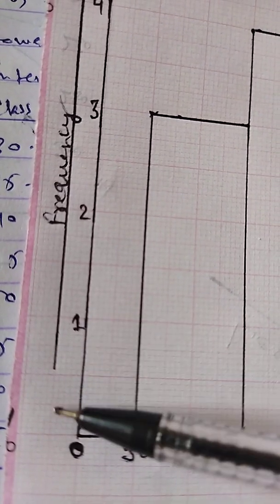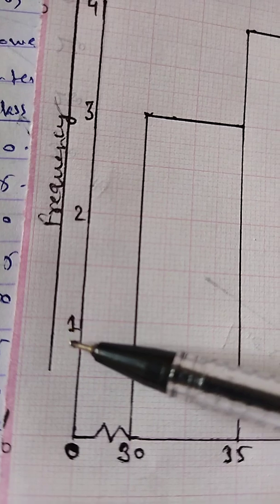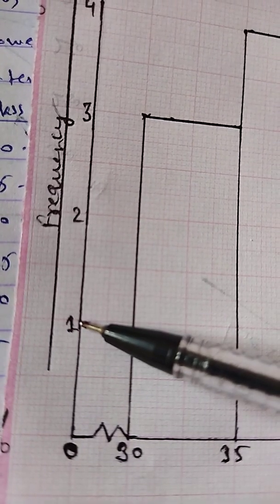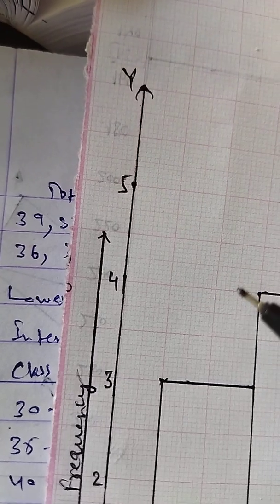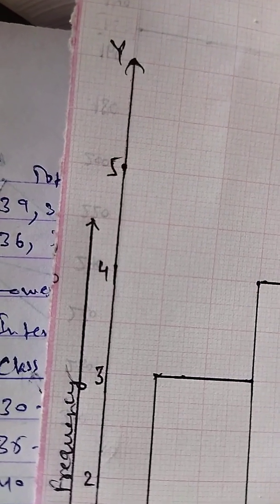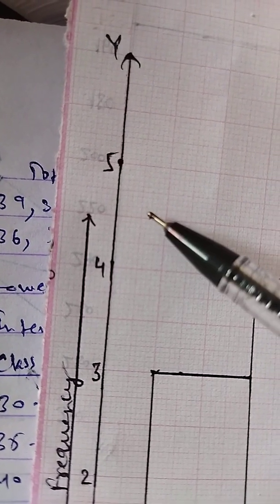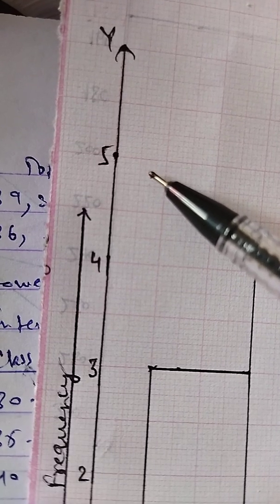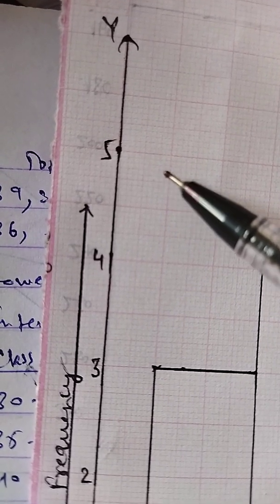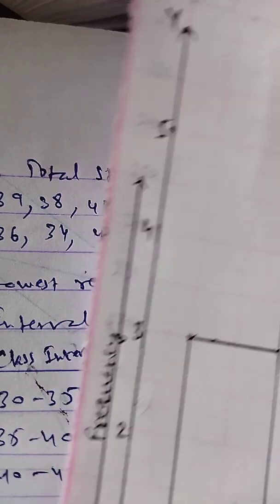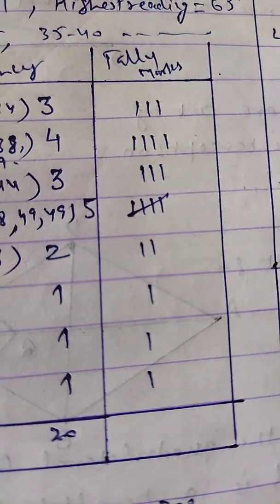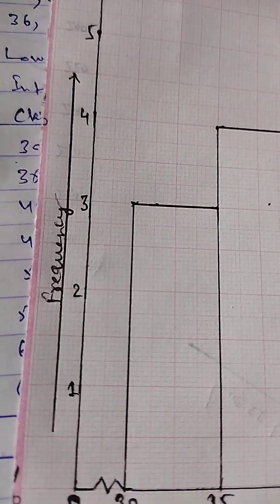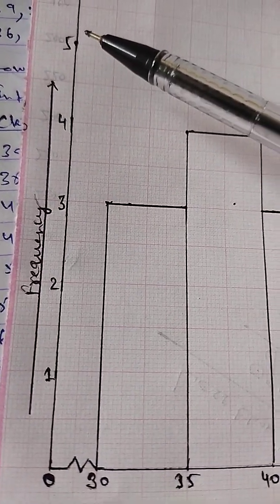So this length total is of 2 centimeter is equal to 1 student, and so on. Maximum is given up to, I think, 5. So I have taken up to 5 there. The highest frequency in that frequency table we have got is equal to 5. So that's why in this graph I have taken the highest frequency up to 5 only.